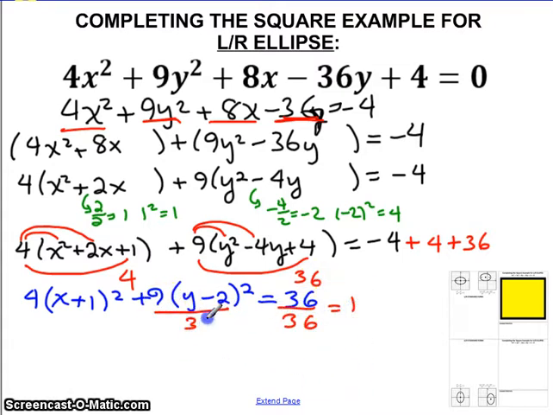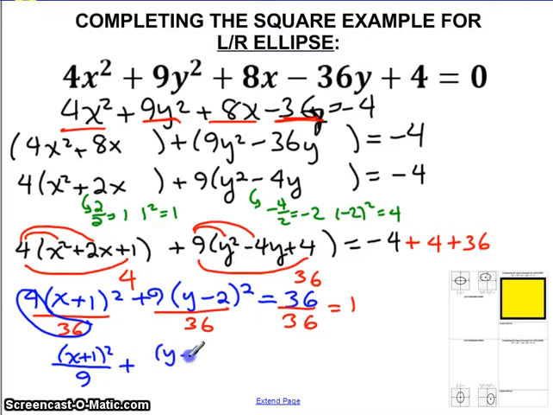So I need to divide by 36 here, and I need to divide by 36 here. What this does then is gives me (x plus 1) squared, and the 4 divided by 36 reduces to 1 over 9. Be sure that you understand this step right here, because that gives us our a squared term here.